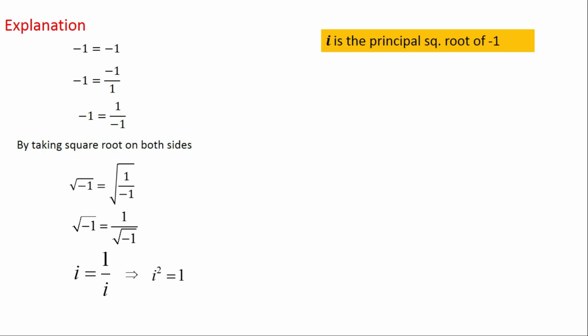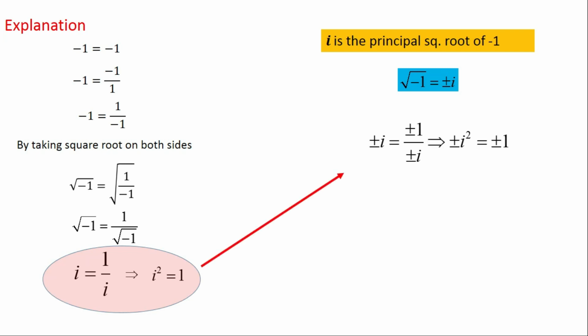Usually students don't consider the fact that iota is only the principal square root of negative 1. What does it mean? It means that square root of negative 1 is not only equal to plus iota, but it's also equal to negative iota. And if we consider this fact, we can write this last line in this way.